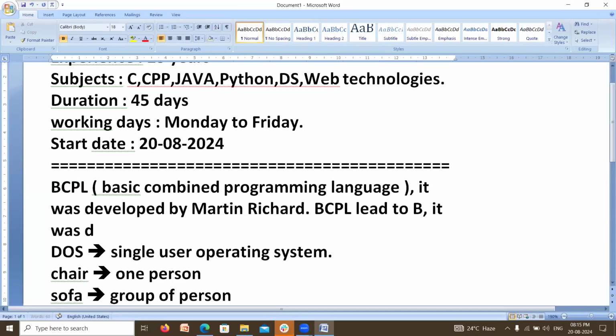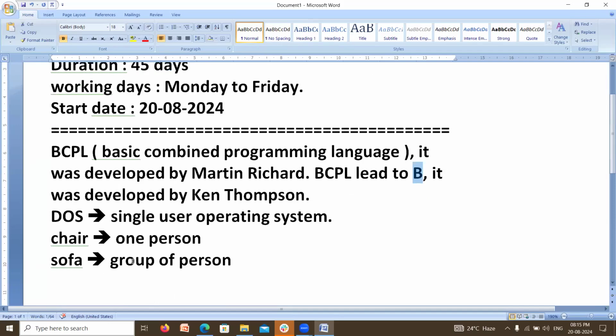It was developed by Ken Thompson. He is the developer of B language. What is the motto to build this language? They developed B language to develop a multi-user operating system, as opposed to a single user operating system.